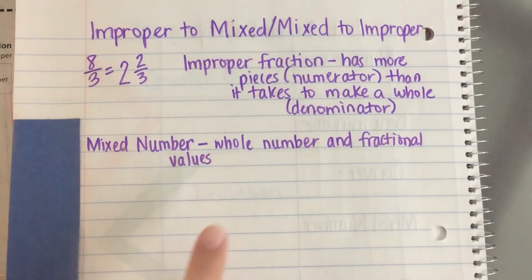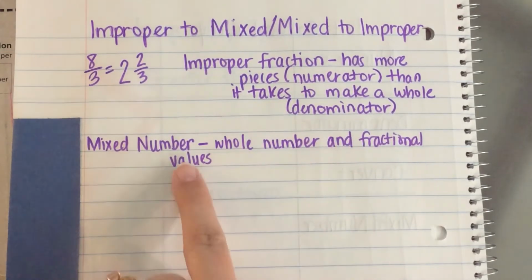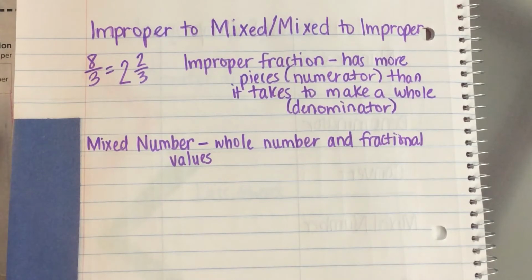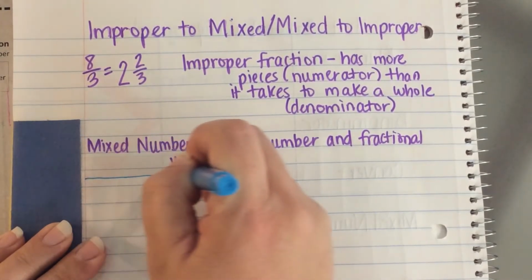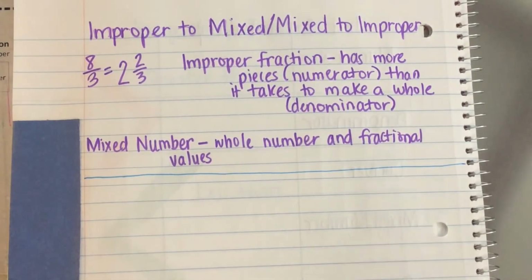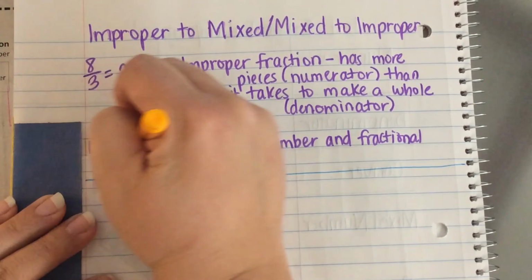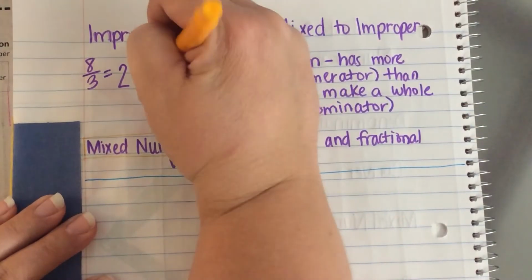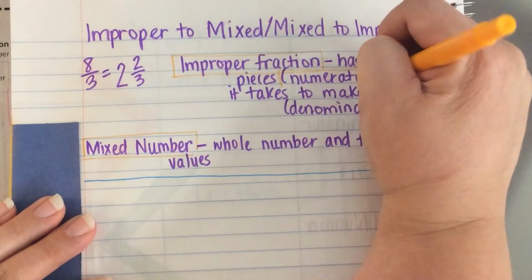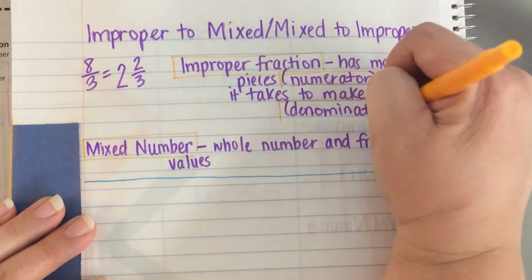It's a mixed number because it has both whole numbers and fractional values. And you were just given 4 of your vocabulary words.